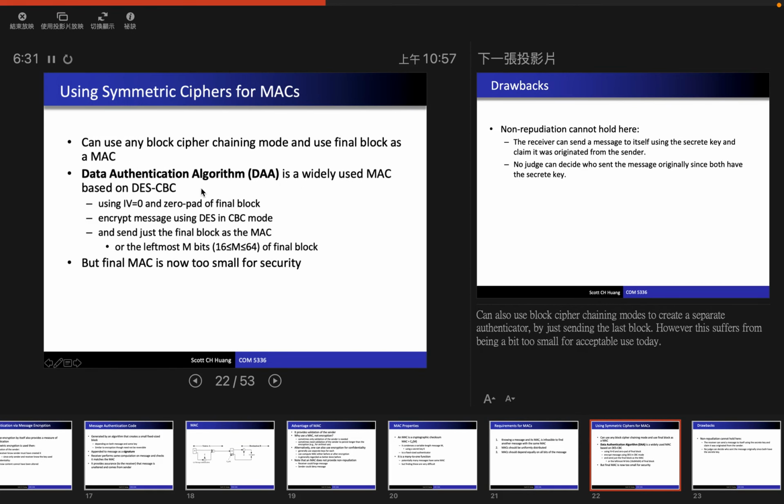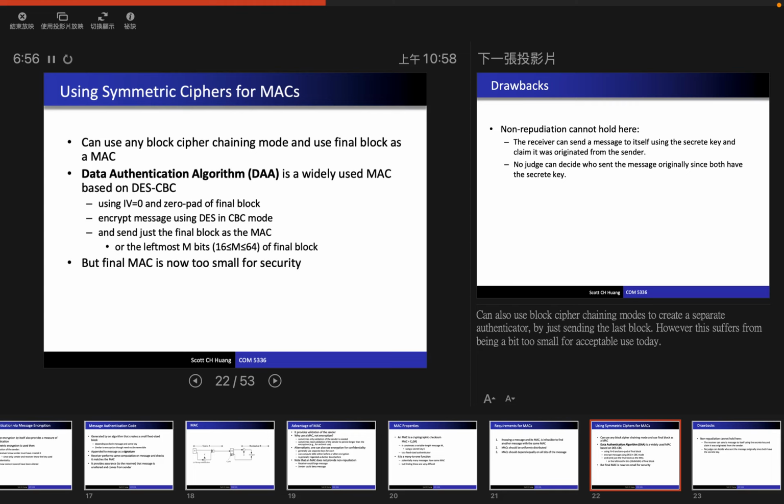And then DES CBC was the older version. CBC, cipher block chaining, I just mentioned. DES CBC is not used anymore because the length is too small. You set IV to 0 and zero-pad the final block. The final MAC is too small for security because of the birthday attack I mentioned earlier.